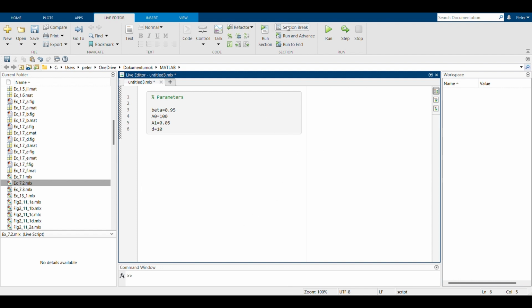Okay, let's take a section break and let's start setting up the iterative algorithm to find rational expectations equilibrium.